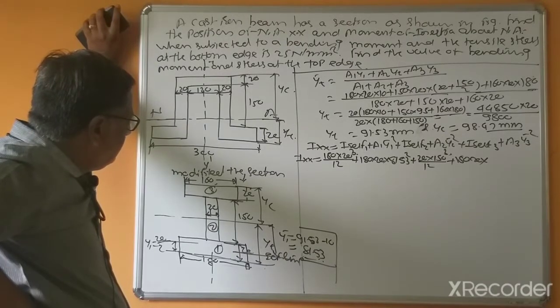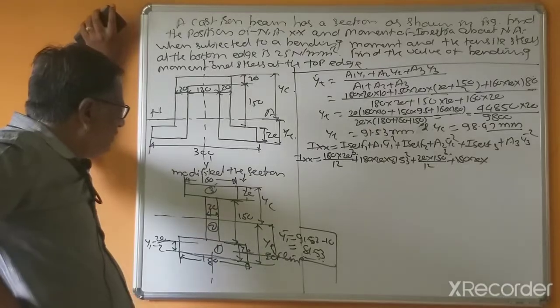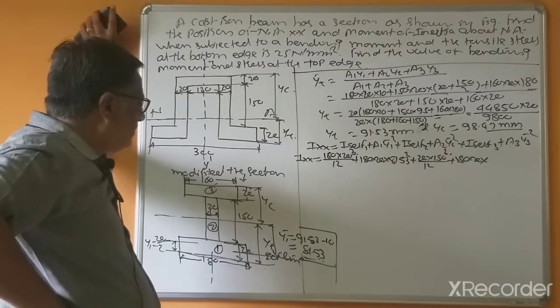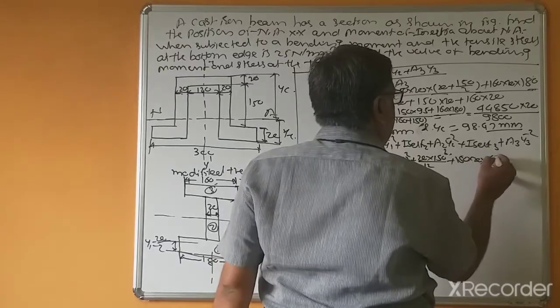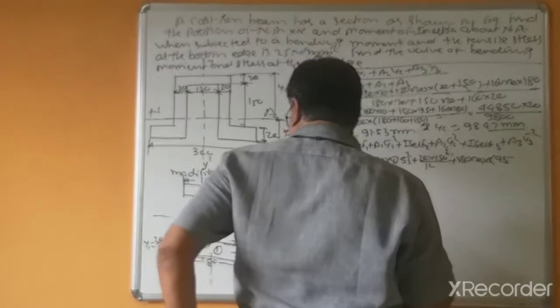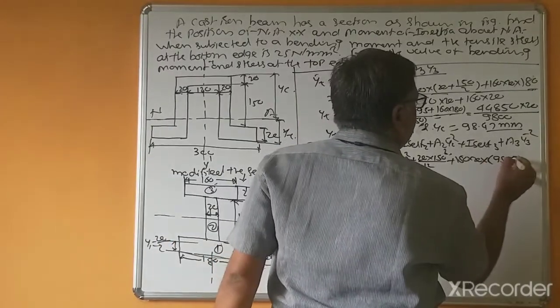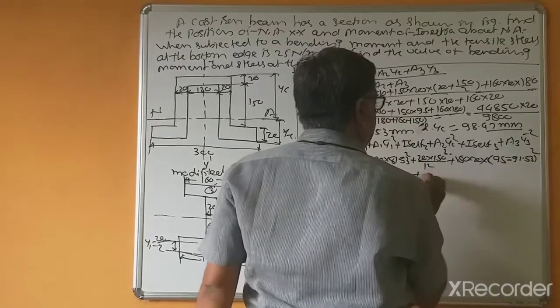From the bottom side, this is 95, because this is the centroidal distance, 95 minus 91.53 square.